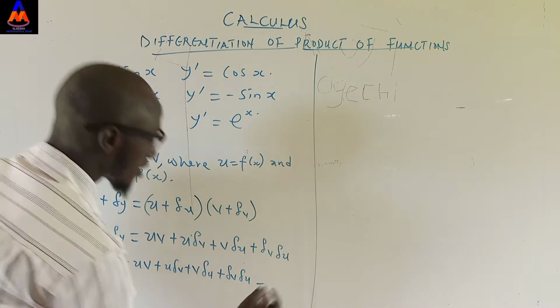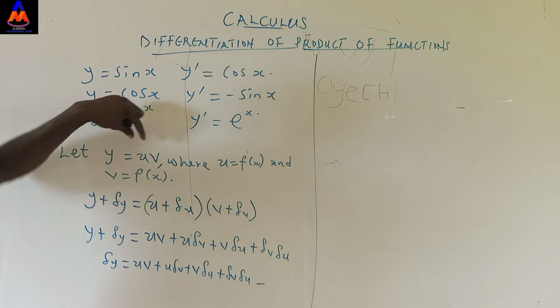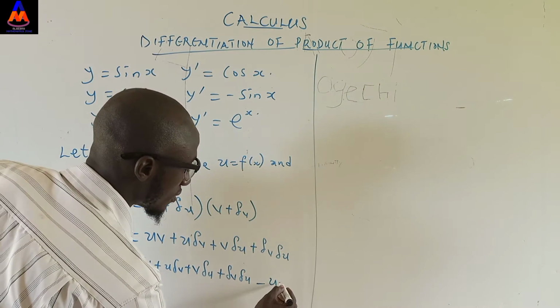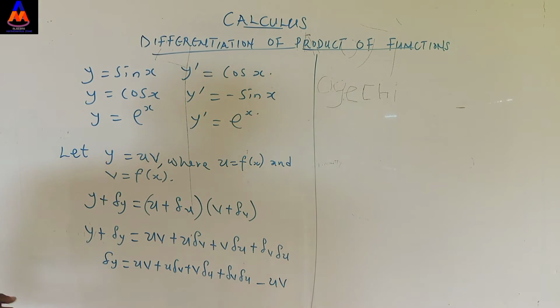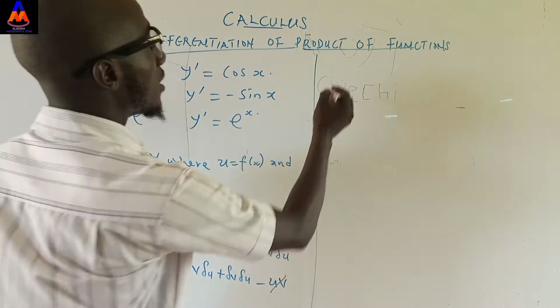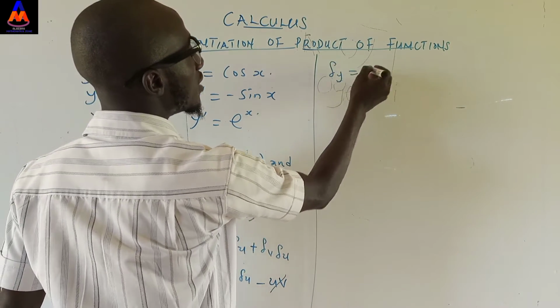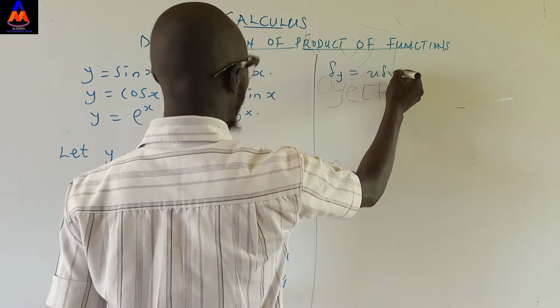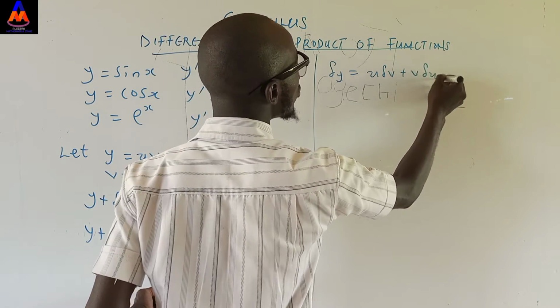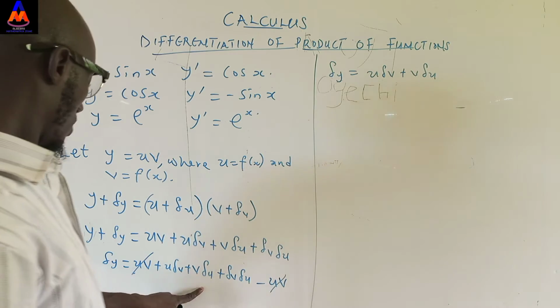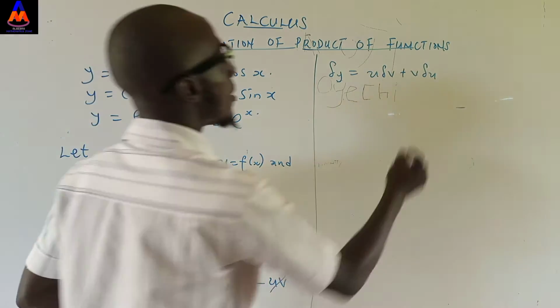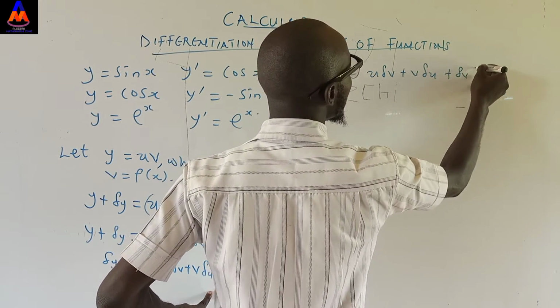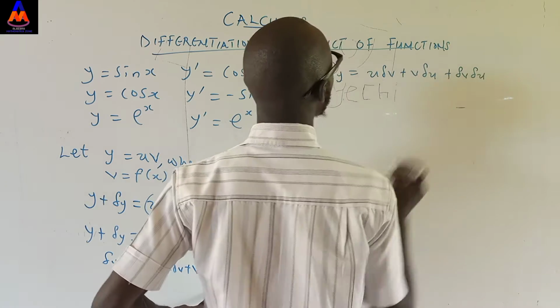Then my y will go to that side, and don't forget our y is uv. So of course, my uv can cancel my uv. Moving to the other side, this change in y is equal to u change in v plus v change in u plus change in v change in u.